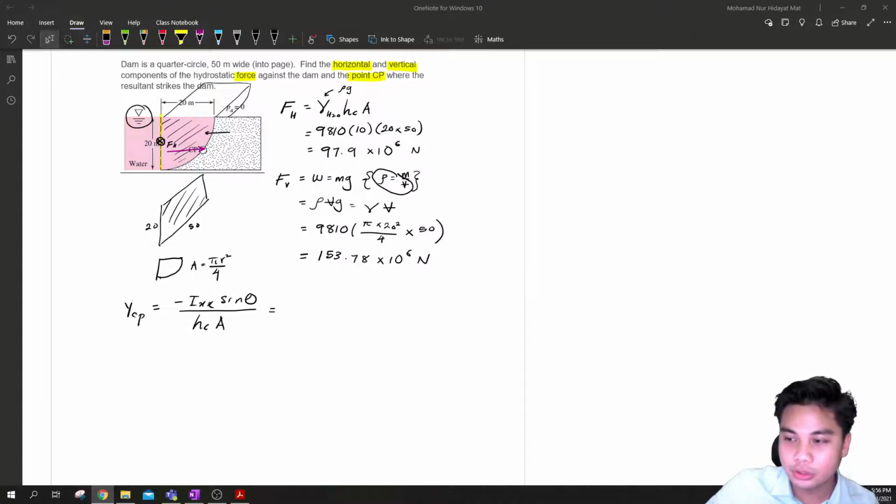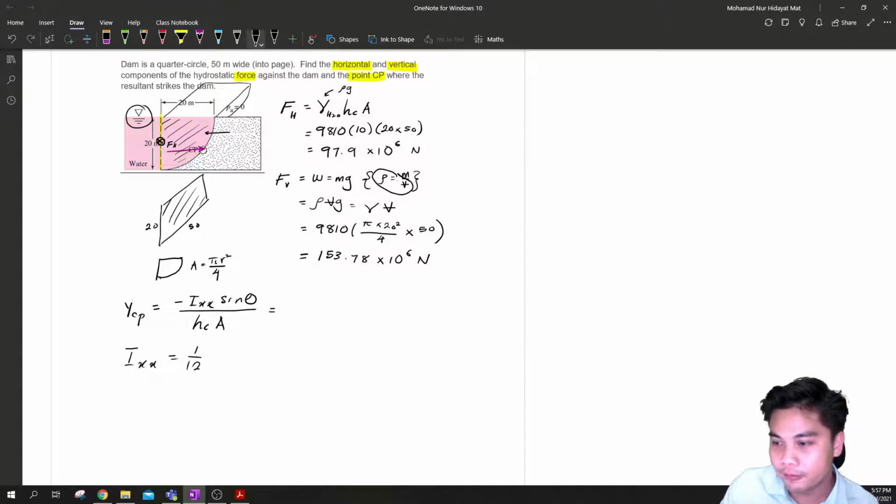Okay, so based on this formula, just substitute the second moment of area, which is IXX, for this projected plane, which is 1 over 12 B H cubed. So how to get the H? Remember that the H is always parallel to the plane. Okay, can you see this is 20?